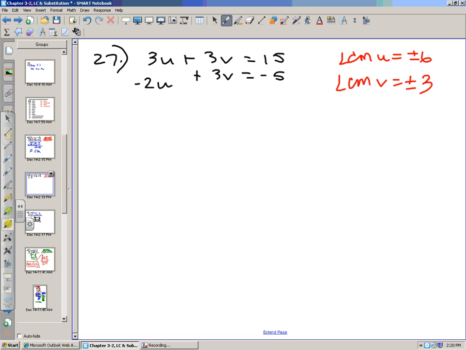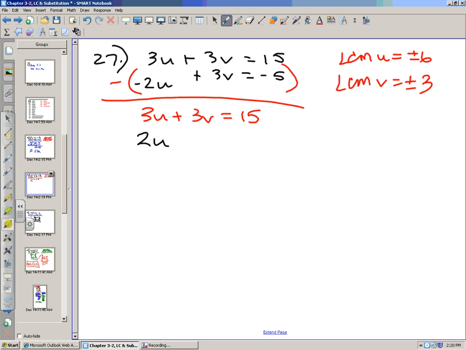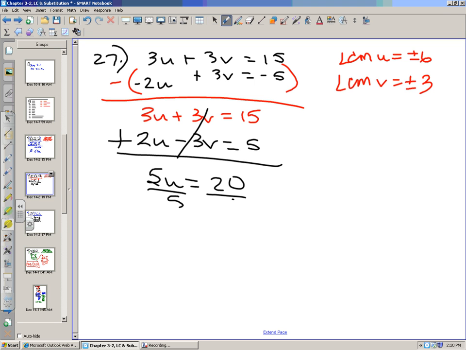So you're going to take and multiply the bottom one by a lovely little negative. I recopy the top and bring it down. I distribute the bottom, so that's 2u minus 3v is equal to 5. And I'm going to add them straight down. So I have 5u is equal to 20. Divide by 5. U is equal to 4.